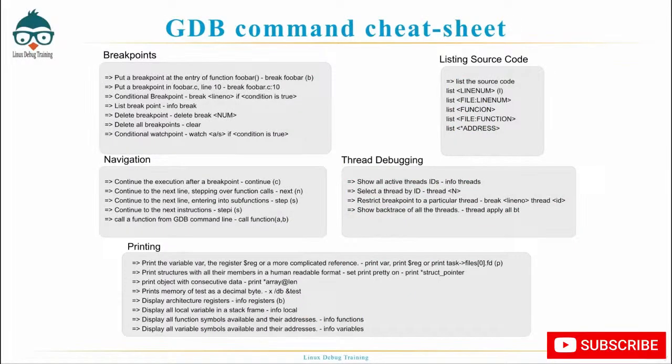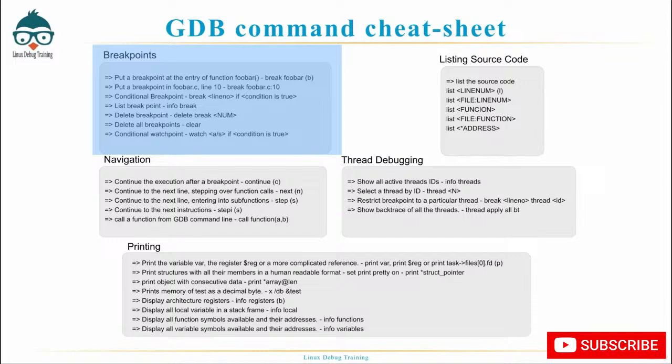In the next two slides, we have created a GDB command cheat sheet, and this can be useful in trying to navigate the various options available within GDB. In the first section here, we have a number of commands that can be useful for setting, managing, and deleting breakpoints.